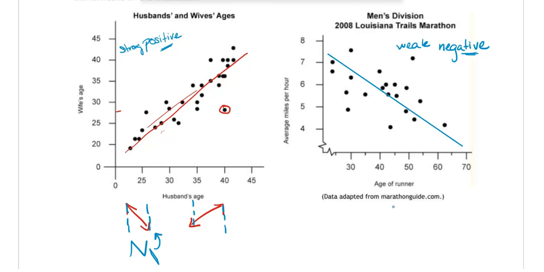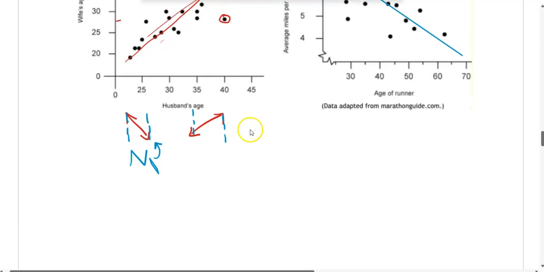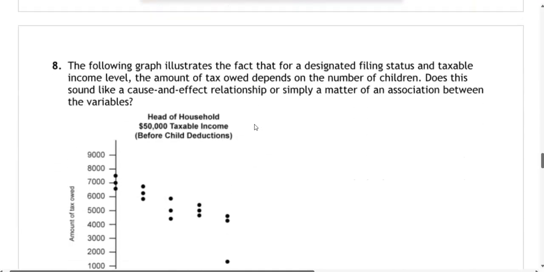A strong negative would be a whole bunch of points clearly going in a decreasing pattern like that, very clear, with nothing to be guessed about. Okay, so now let's look at this.